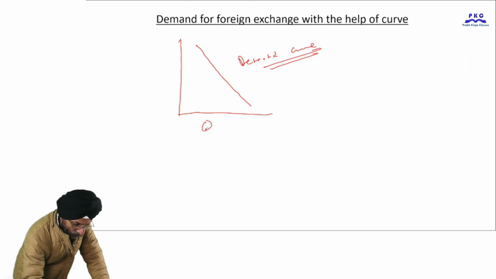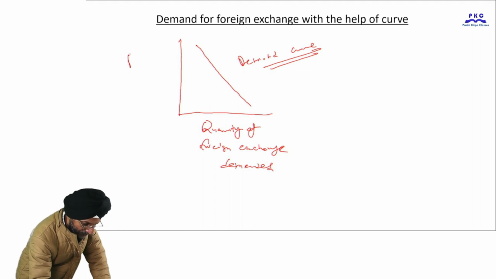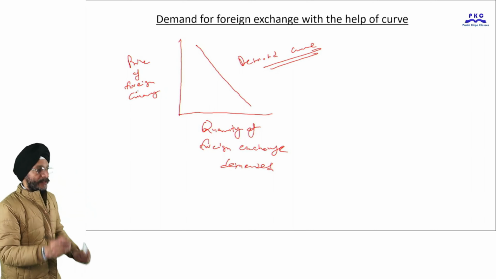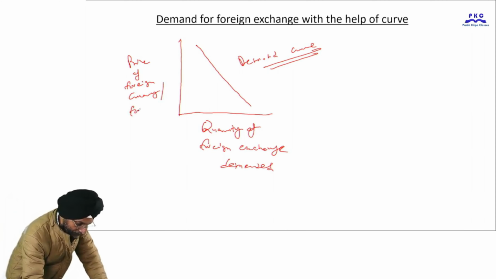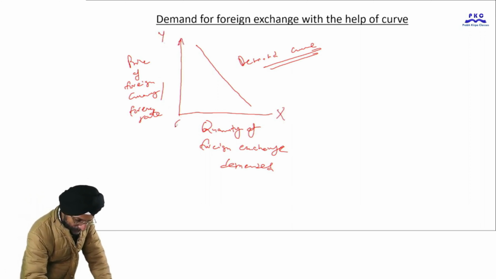Here, the quantity of foreign exchange demanded is on the x-axis. And the price of foreign currency in relation to Indian currency, or the forex rate, the foreign exchange rate, is on the y-axis. This is the y-axis, this is the x-axis.